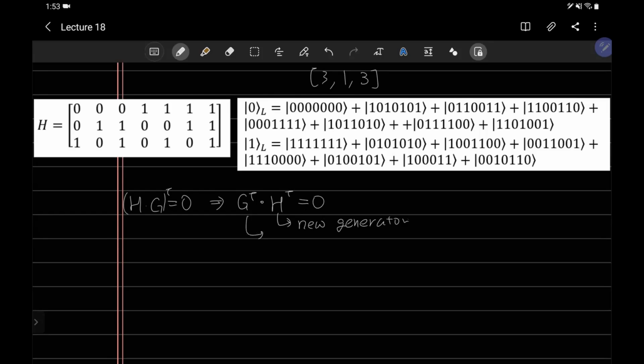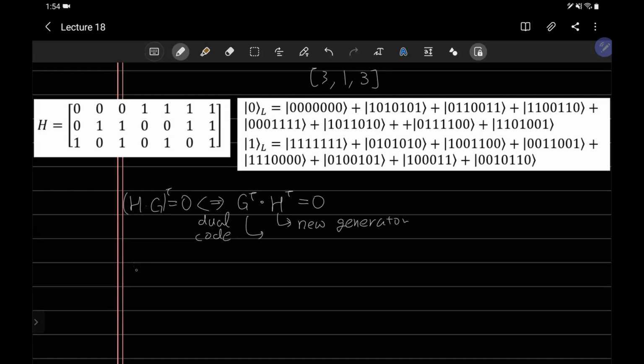And this will also become the new parity check matrix for this new generator. For a linear code, there is always a relation between the parity check matrix and the generator, and there will always be a corresponding transpose case. This code is completely new compared to the original G code, and we call this relation a dual code. The CSS code is basically made by using this concept.